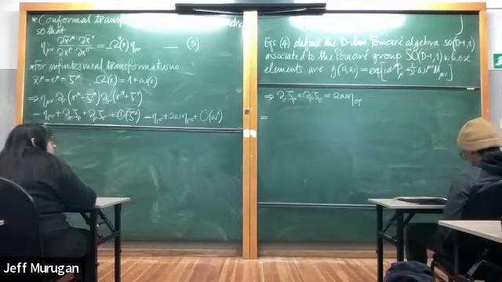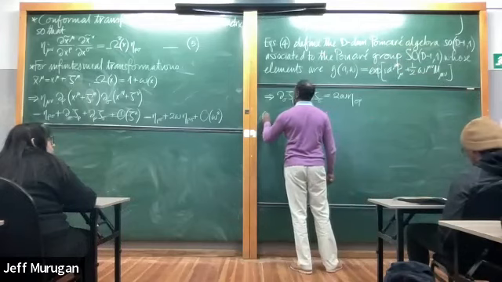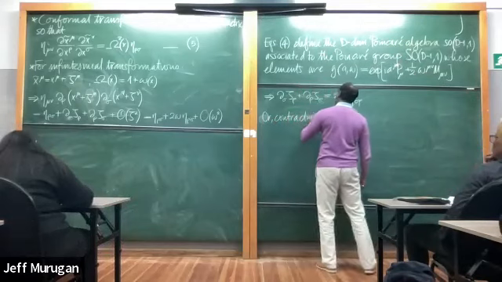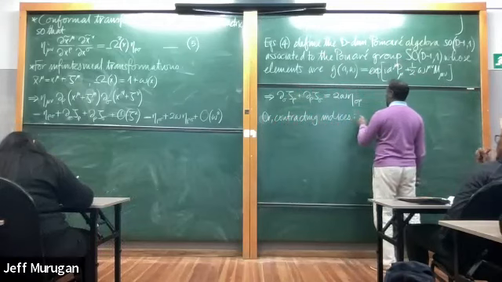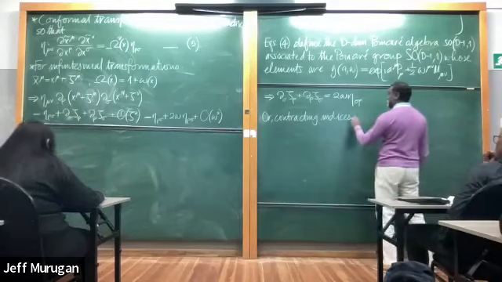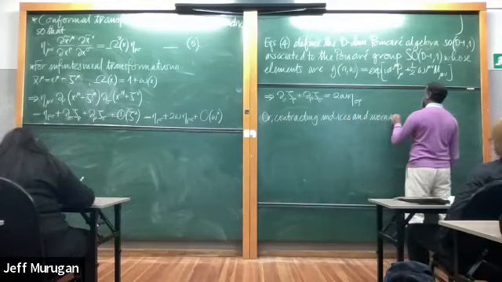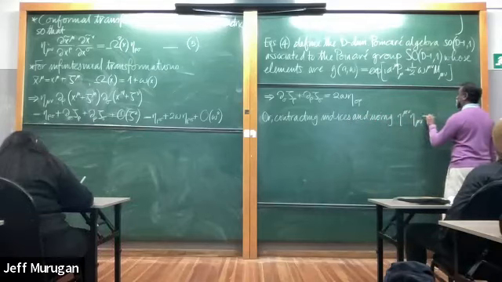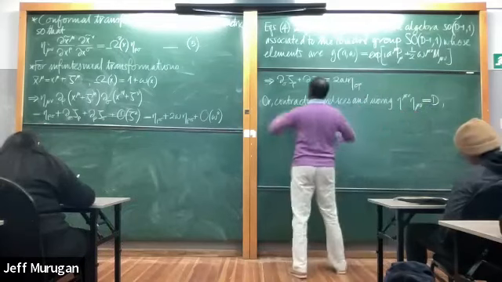If I count ones in the trace, I'm going to get D. On the left hand side, I'll get two terms.